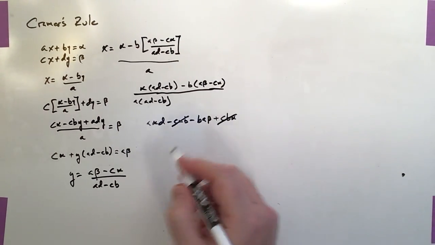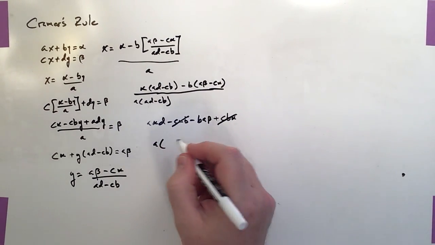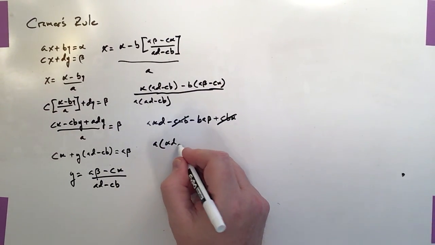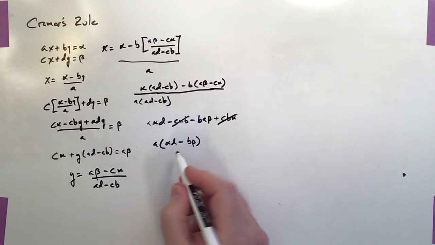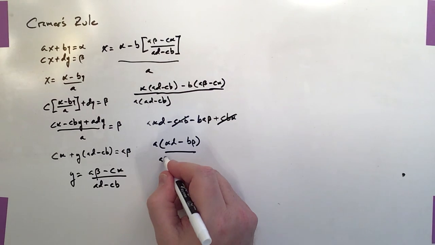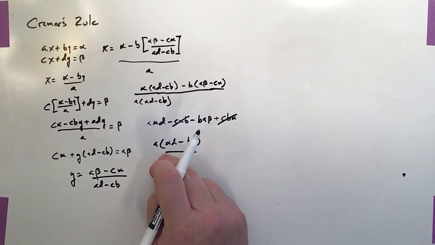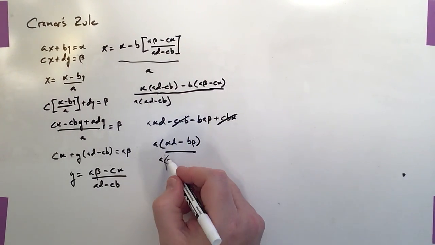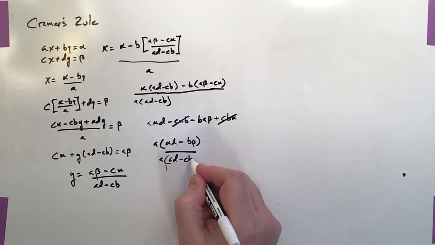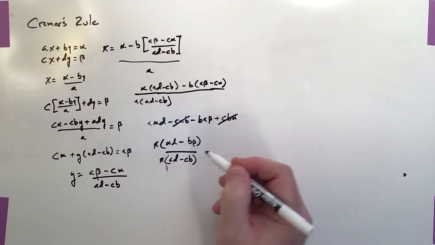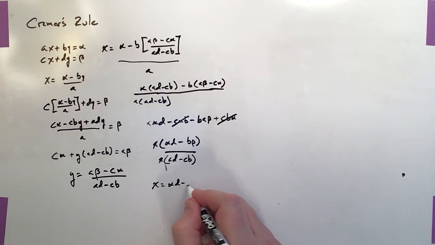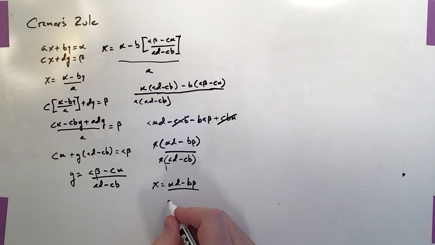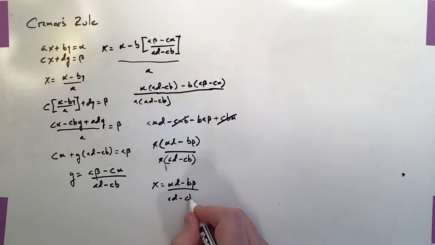The other two have a common a, so it's going to be a times alpha d minus beta b, and then all of that is over a times ad minus cb. So the a's cancel, and that means x is equal to alpha d minus b beta over the same denominator, ad minus cb.